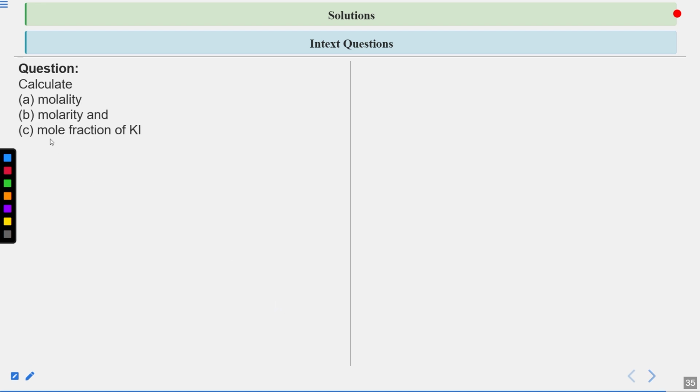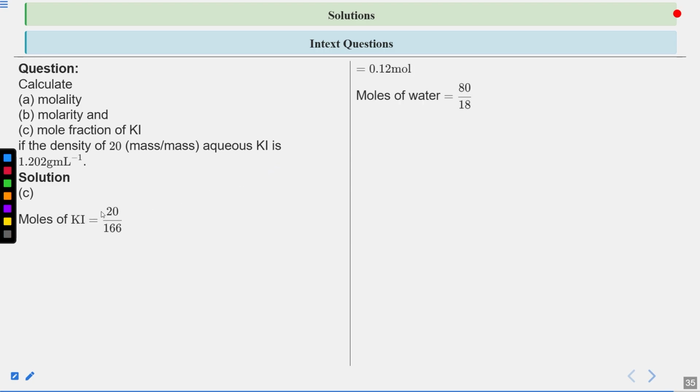The last thing we are interested in is the mole fraction. We need the number of moles for both of the components. Moles of KI will be 20 by 166, which will give you 0.12. And moles of water will be the mass of water, 80 gram, divided by the molar mass. This will be equal to 4.44 mole.